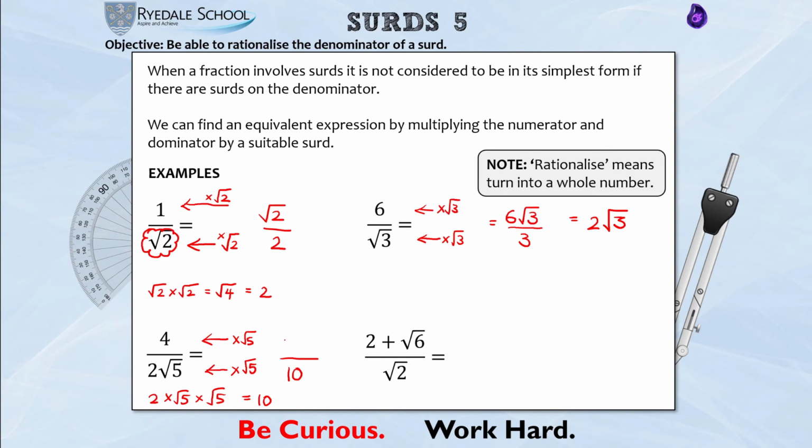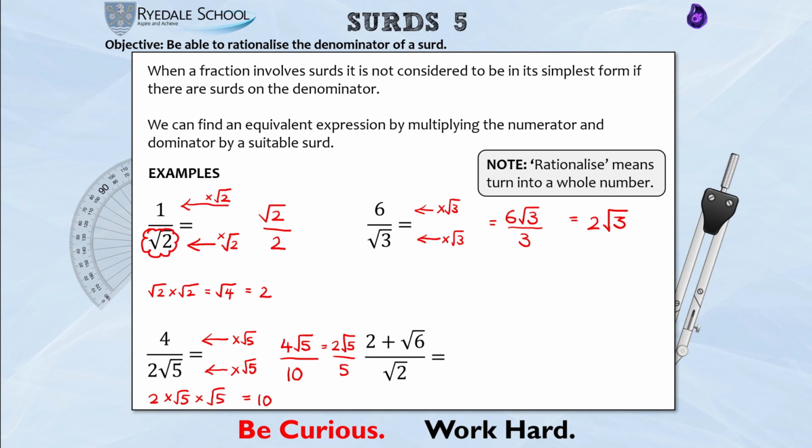And my numerator is now 4 lots of root 5. This can be simplified a little bit, thinking of this as a fraction 4/10, because I can divide the top and the bottom by a common factor of 2. So this one becomes 2 root 5 over 5.